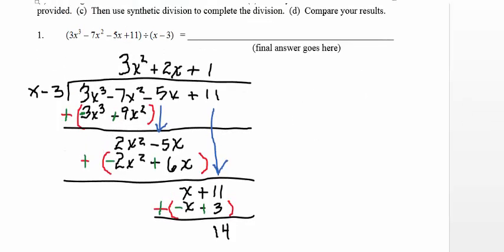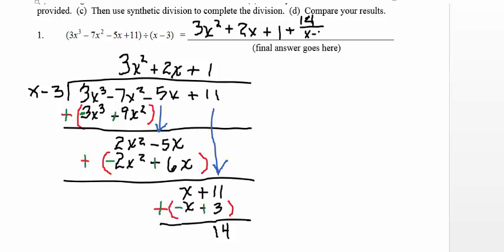So the division is finished. So when I write the answer, I write the quotient plus the remainder, which is 14, over my divisor, which was x minus 3.